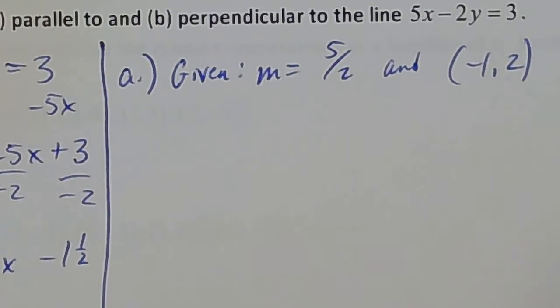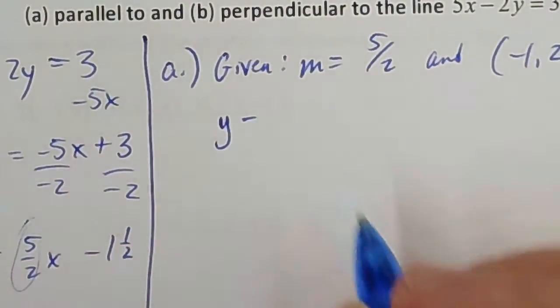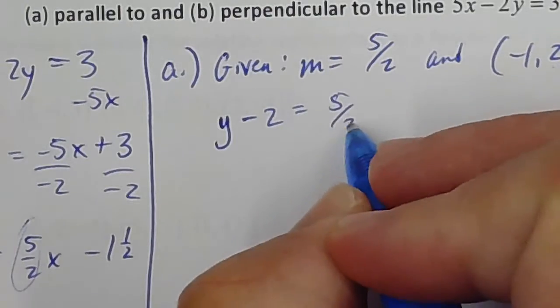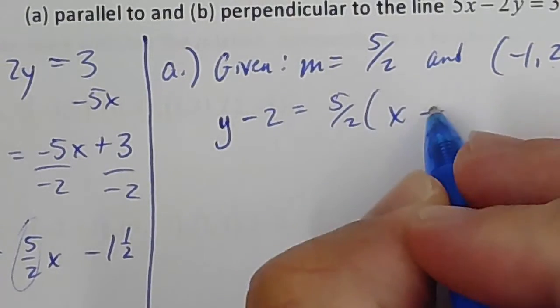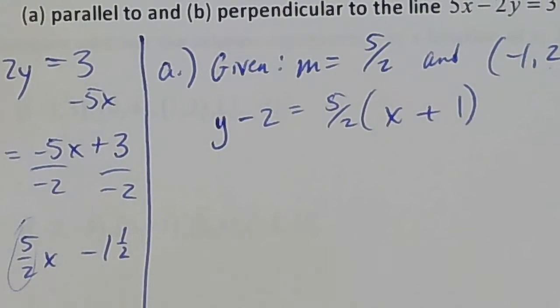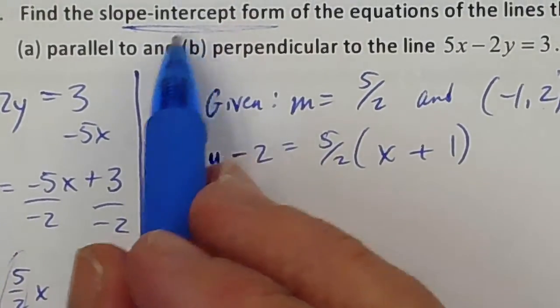Okay, so they kind of indirectly give you the slope. You have to figure it out knowing the characteristics we went over today. Y minus my y coordinate equals m times x minus a negative 1. The directions do say slope-intercept form up there, so we need to go ahead and solve for y.